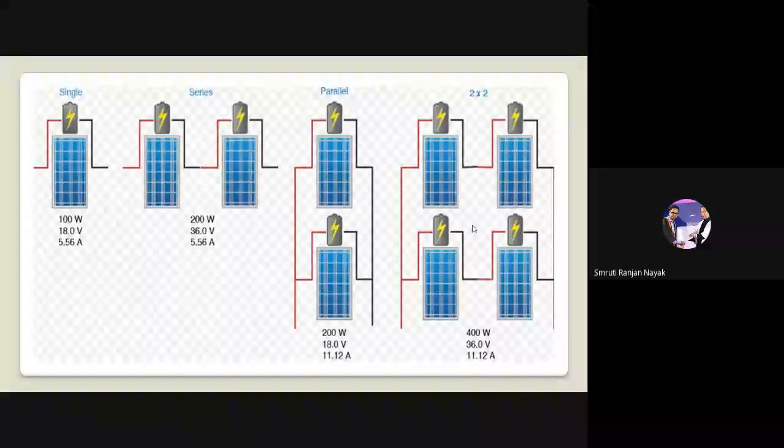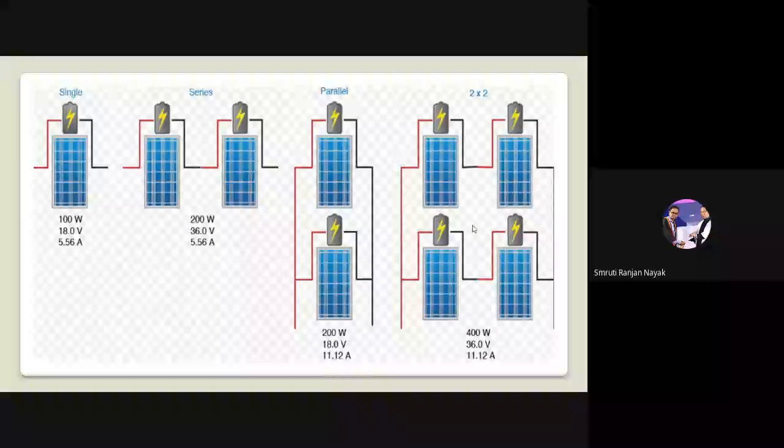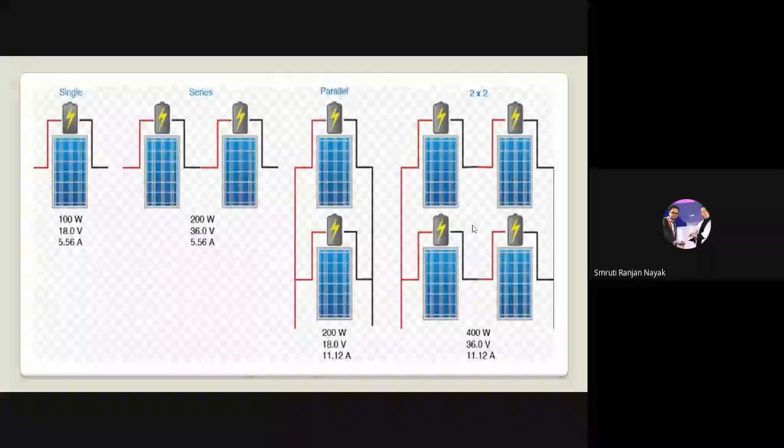We are not going to design arbitrarily, like 4 batteries are there, 10 panels are there, and we connect them arbitrarily. That is not the perfect way to design. There is some formula behind that: how much minimum current is required to charge the battery when the panels are connected in series and parallel, and if the batteries are connected in series, what is the minimum voltage and minimum current to charge the battery. These are all things which should be known to you.